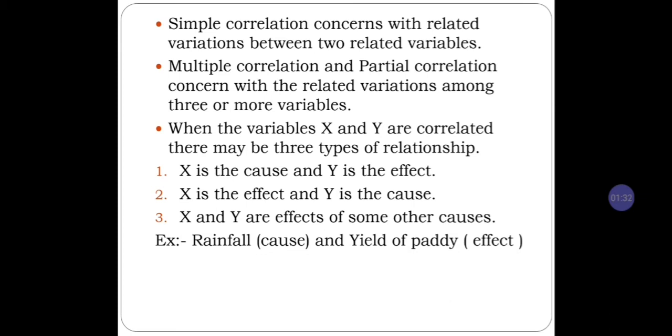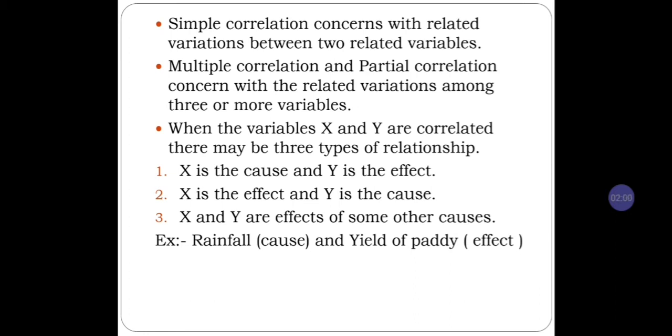Multiple and partial correlation concern related variables among three or more. So simple is between two, but multiple and partial are among three or more.